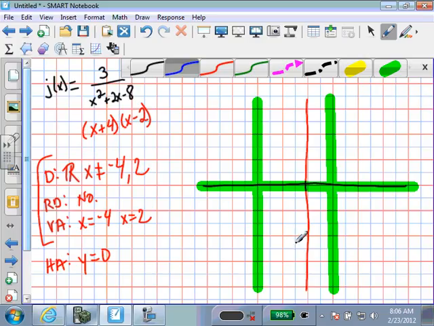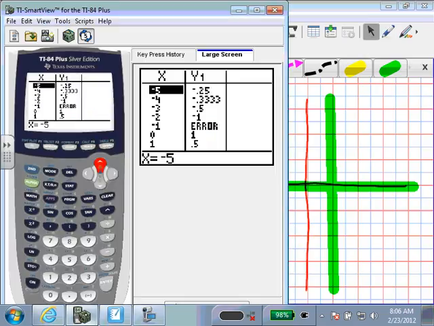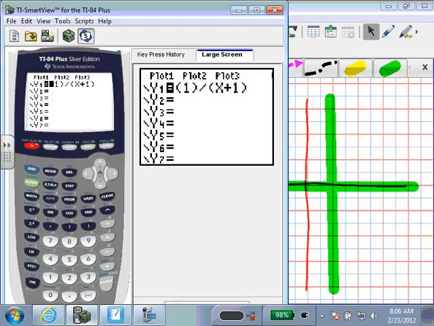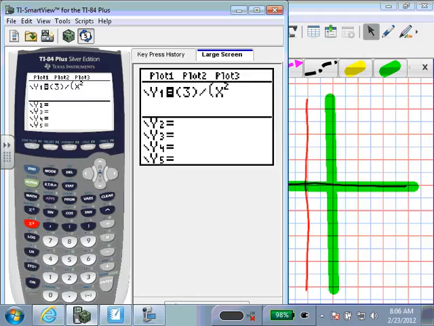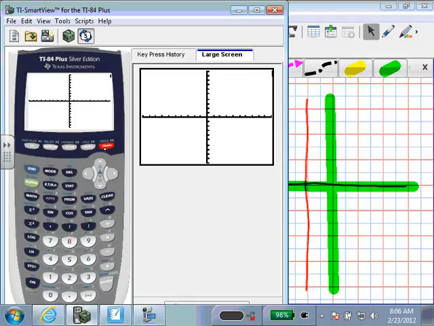Okay, so we have y equals 3 divided by x squared plus 2x minus 8. Okay, I want to get my table. Again, oh, no peeking.